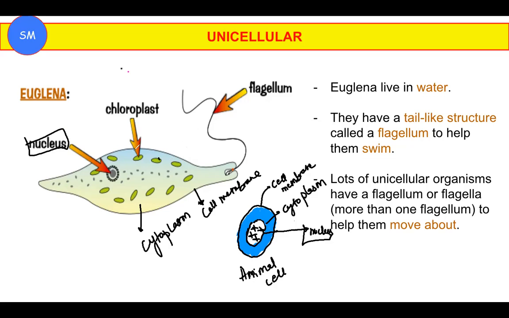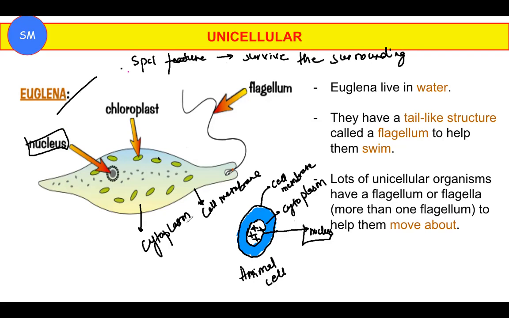These special features will for sure help this organism to survive in the surrounding nearby. So what are the special features present in euglena that help it survive in its environment?